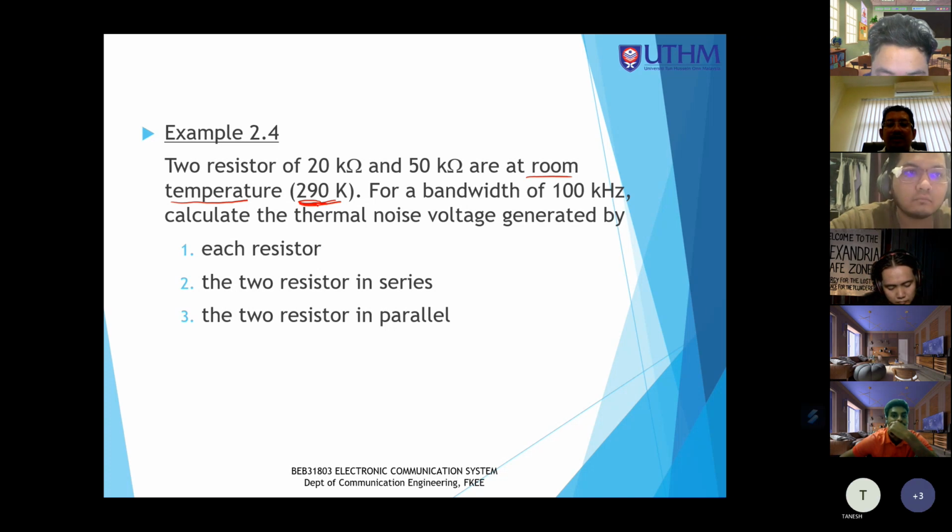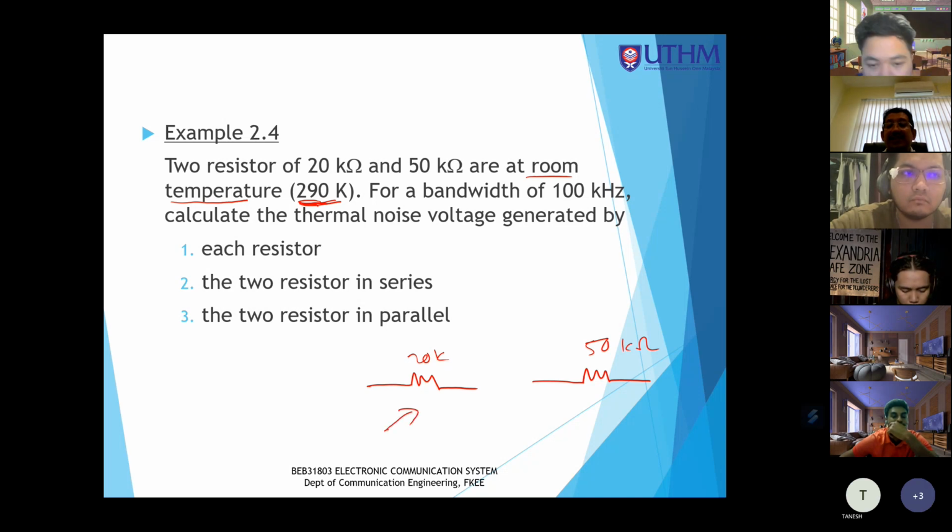So kita ada dua jenis resistor. The first one is 20K, the other one is 50K, 50 kilo ohm. Okay, so dia tanya berapakah noise yang terhasil pada setiap resistor ini.